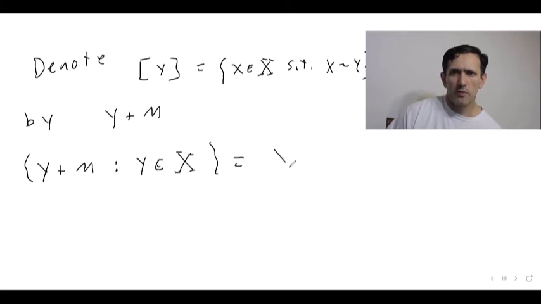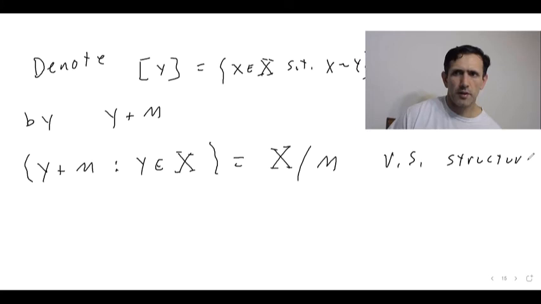So it's just X modding out by M. And this has a vector space structure.